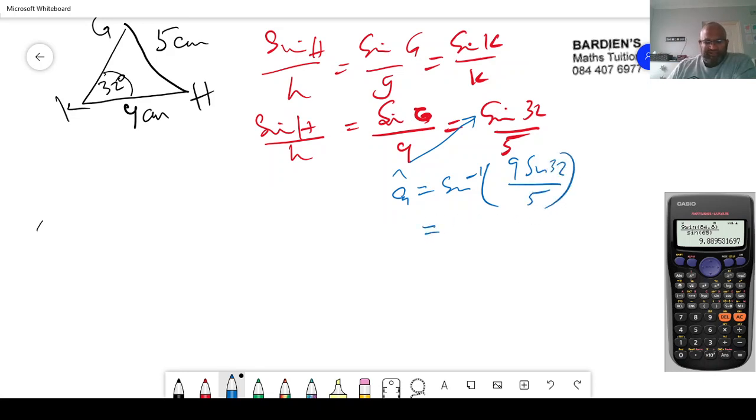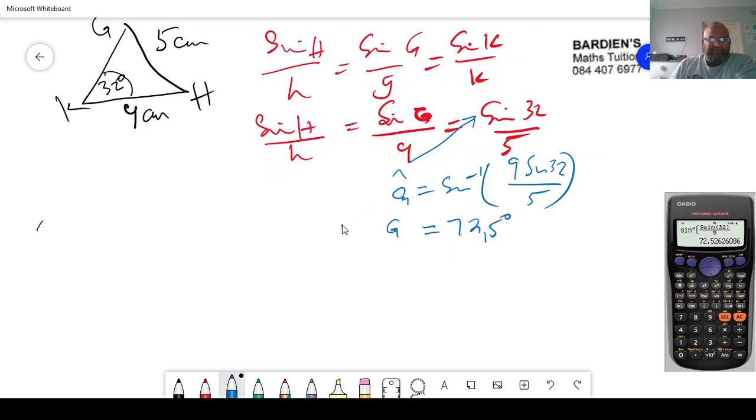Let's put that in the calculator. You're going to say shift sine, arc sine of 9 sine 32, close that bracket, over 5. It gives you 72.5. So angle G is 72.5 degrees.